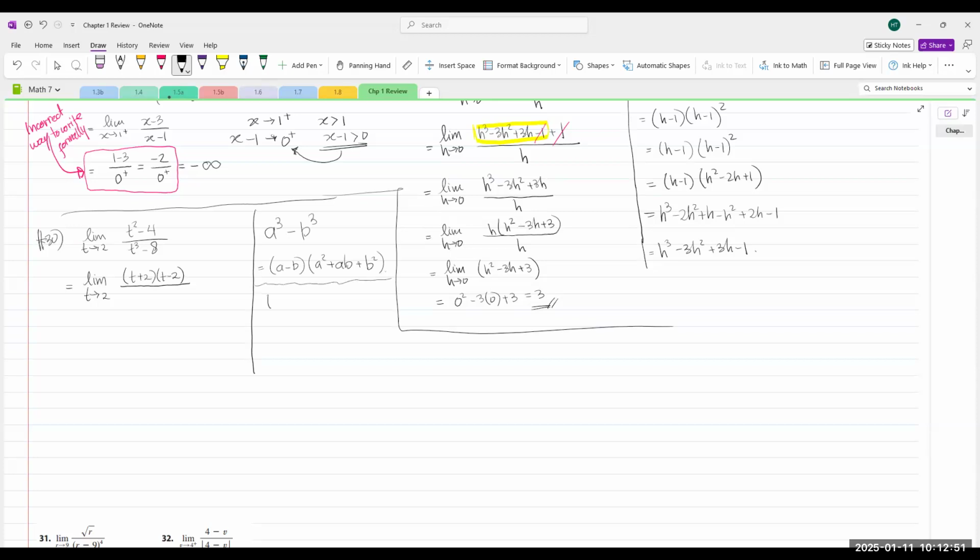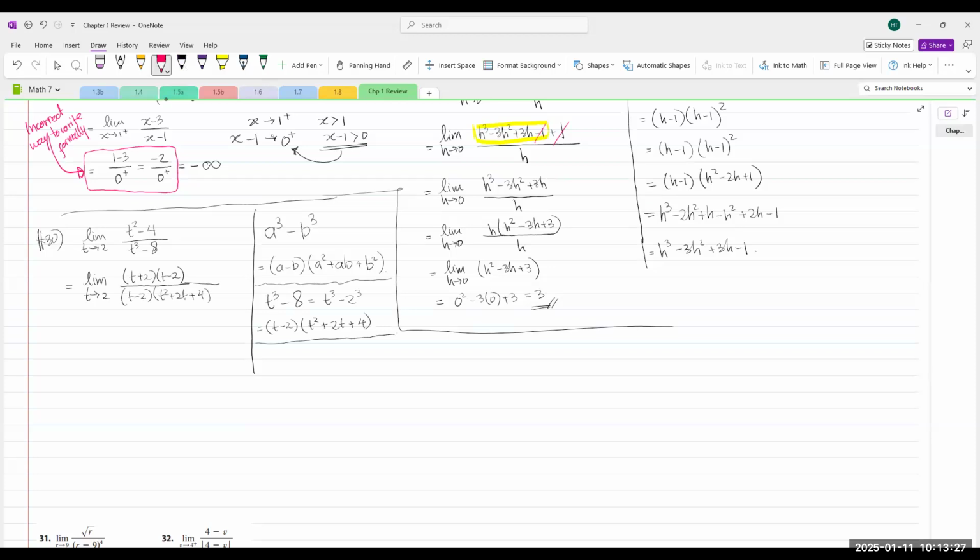Now, t cubed minus 8 is t cubed minus 2 cubed, so we follow that pattern. This is (t minus 2)(t squared plus 2t plus 4), where 2t is t times 2 and 4 is 2 squared.